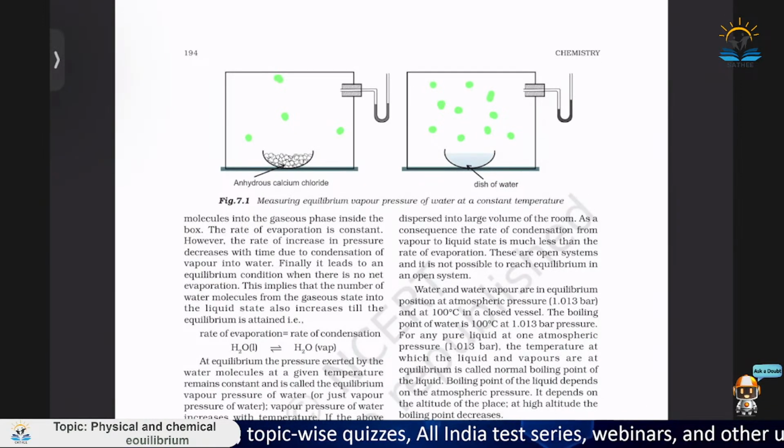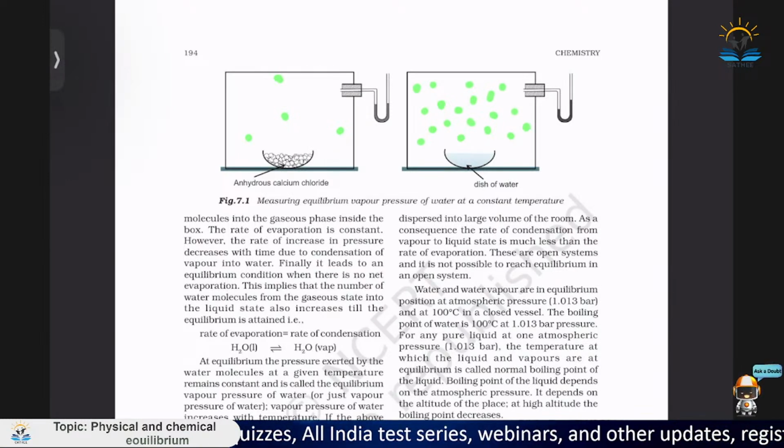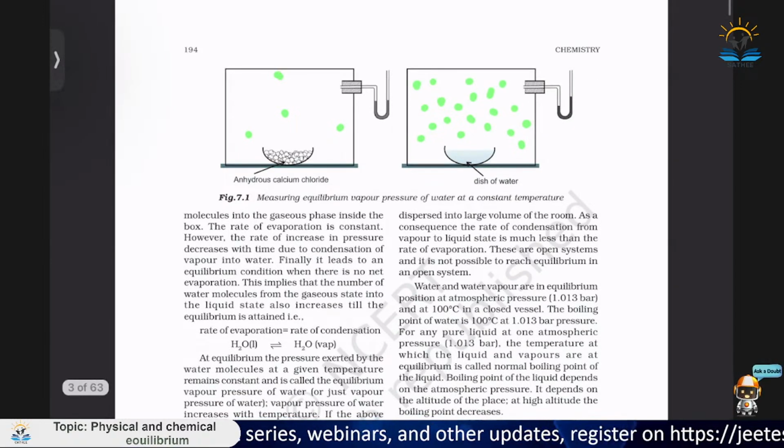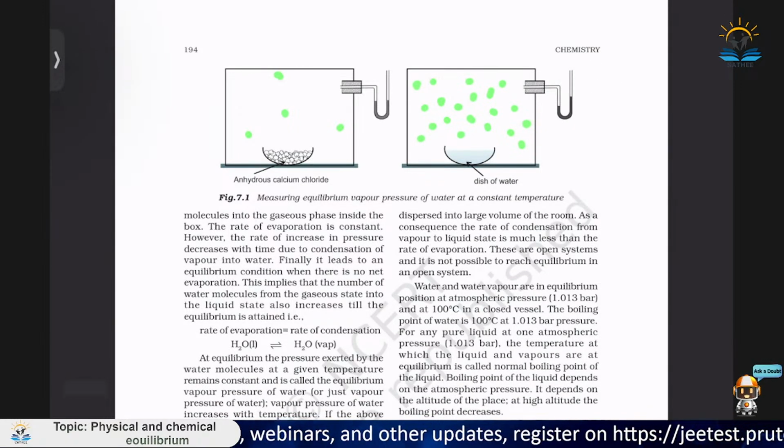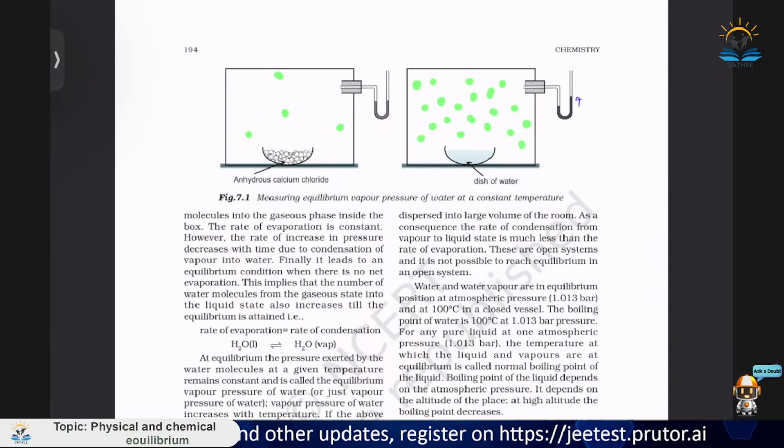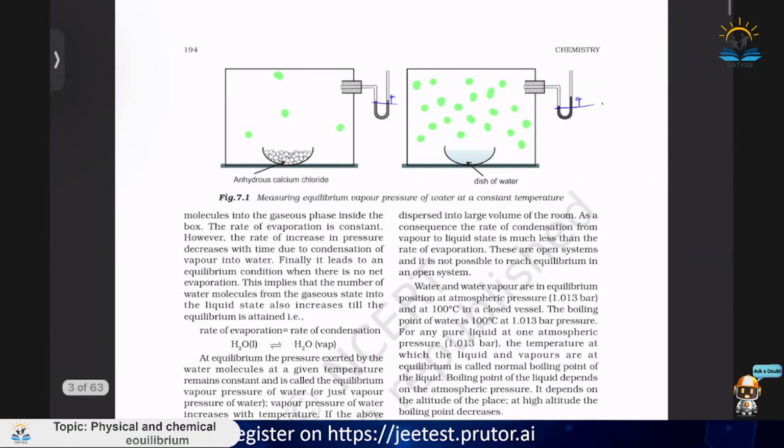As you can see, in the second container, in which water is kept openly, the manometer reading is a bit higher than the first one, in which anhydrous calcium chloride is kept, which has absorbed all the water present. Here it is very less, here it is a bit more.